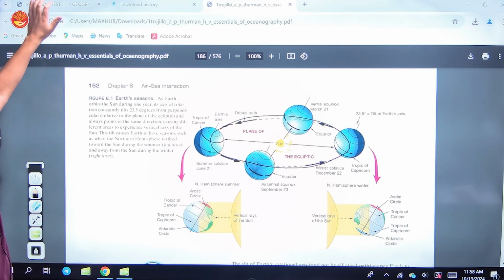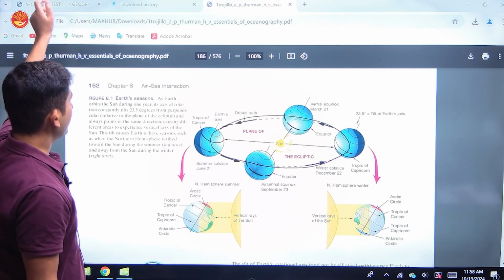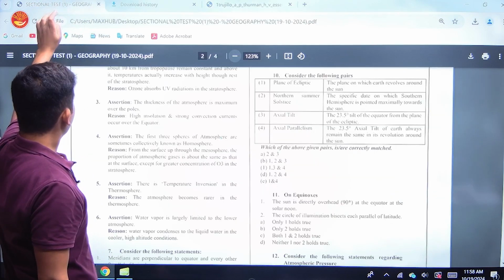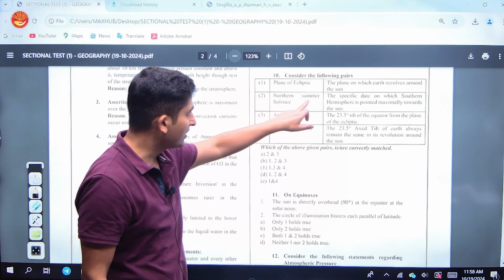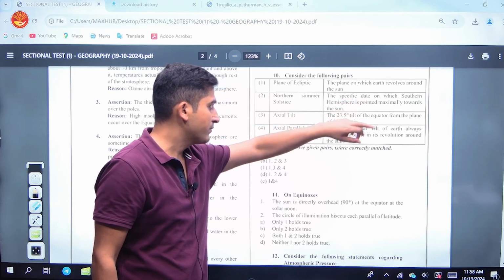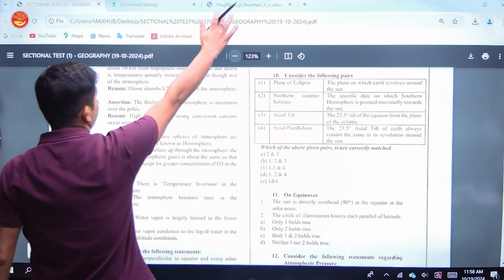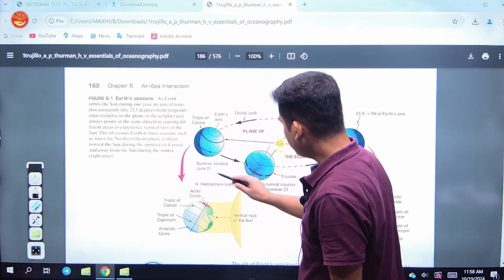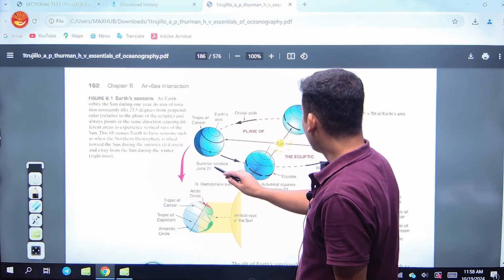And the second statement was northern summer solstice: the specific date on which southern hemisphere is pointed maximally towards the sun. फिर से देखो इस पे, this is the summer solstice, June 21. Okay, northern summer solstice.